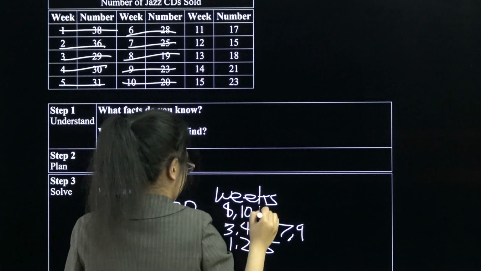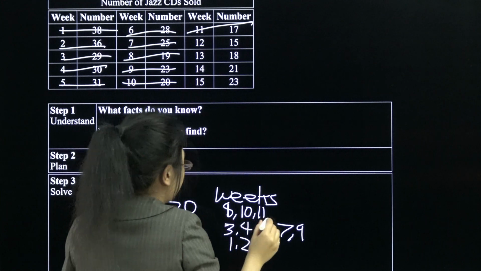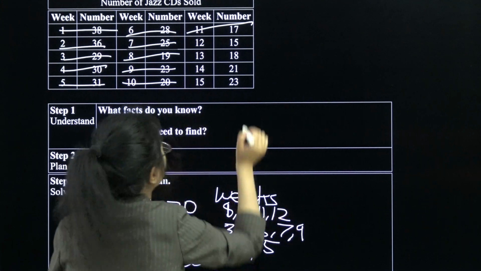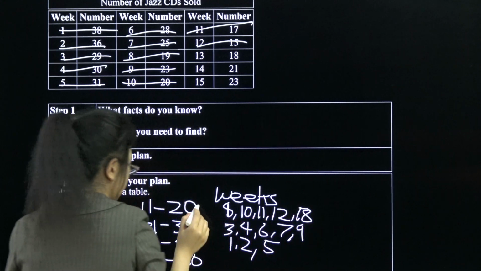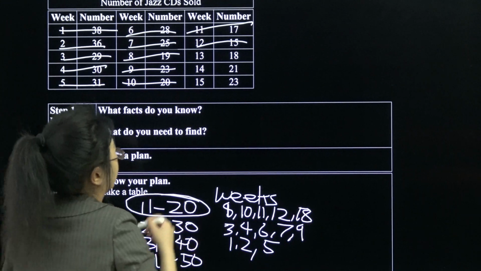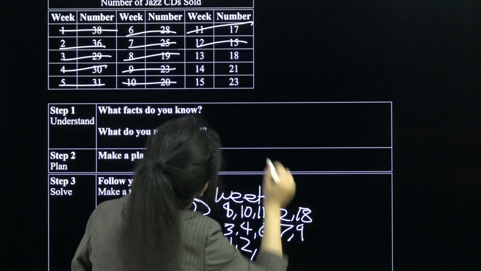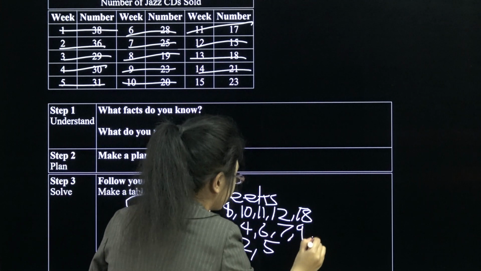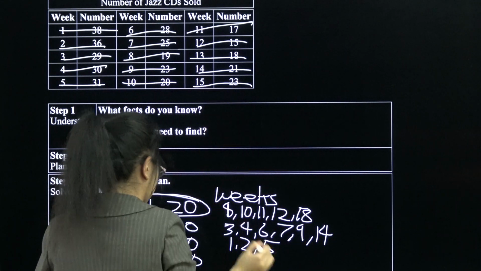Week 11 is 17. Week 12 is 15. Week 13 is 18. This is the category that I'm referring to right now. Week 14 is 21. Oh, I forgot to cross it out. And week 15 is 23.